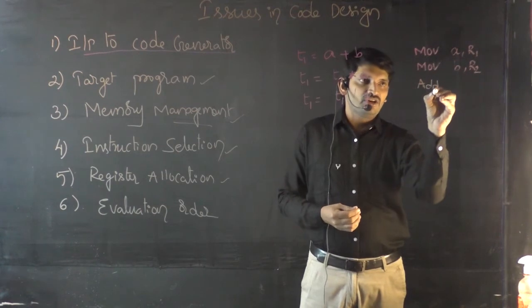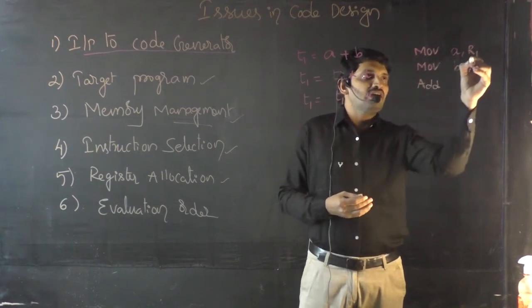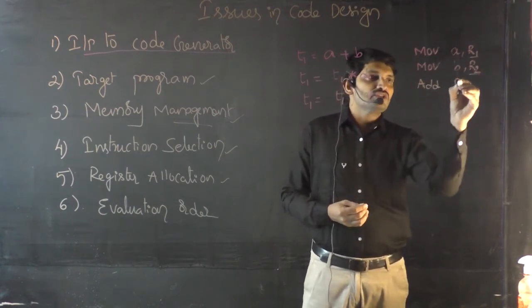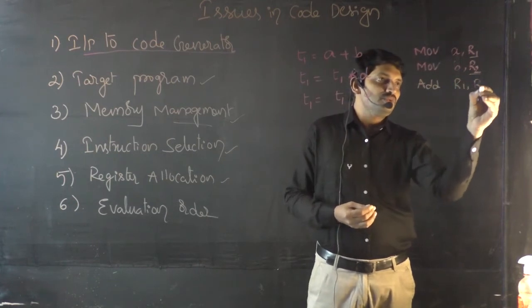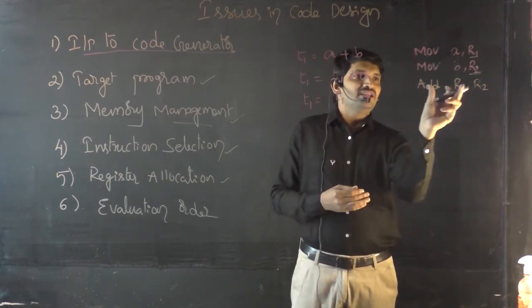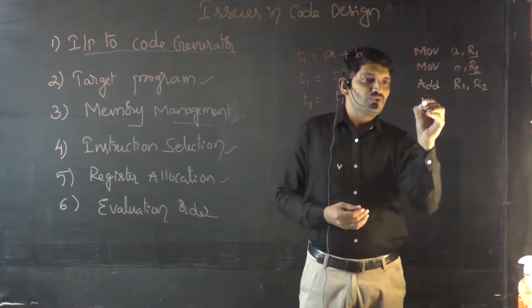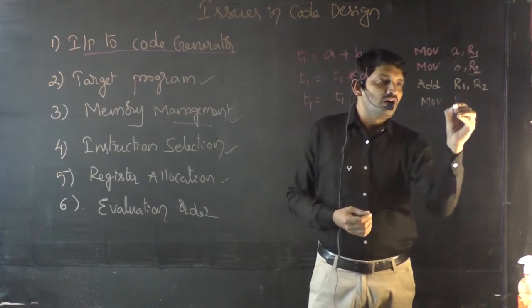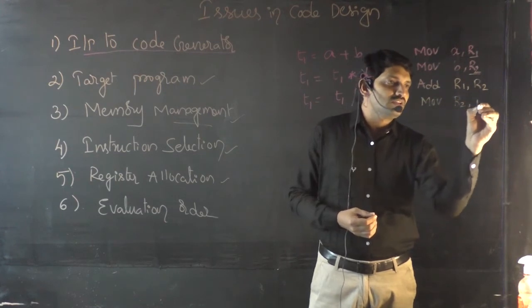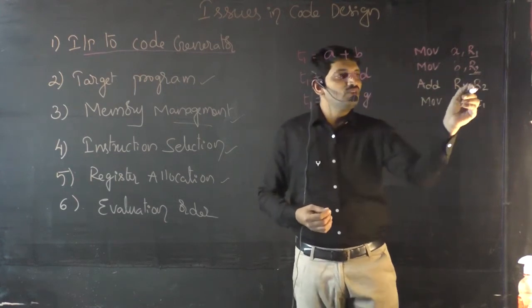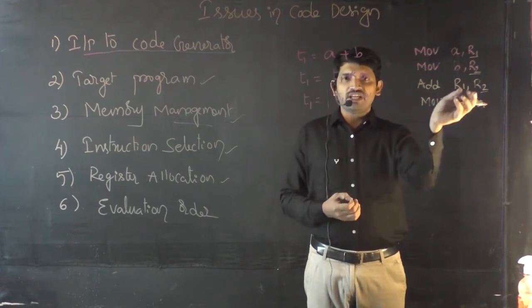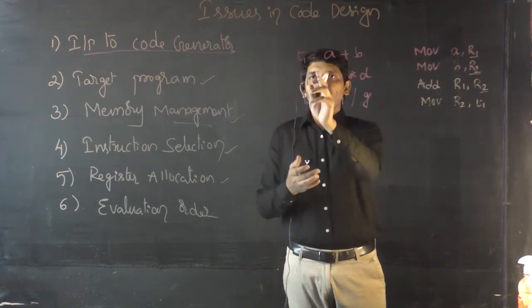Here the values are stored in R1 and R2, so I write ADD R1, R2. Then this added value is to be transferred into T1, so I write MOVE R2, T1. Here the value is stored in R2, so I am moving that R2 value to T1.